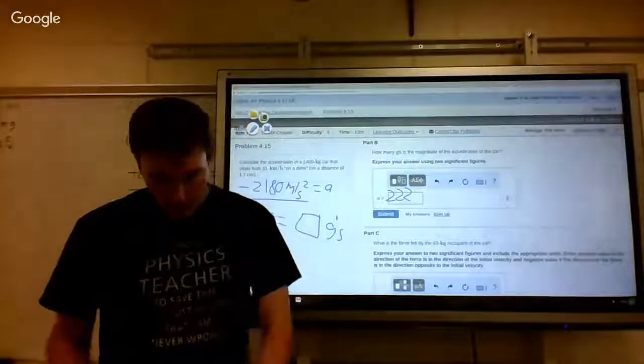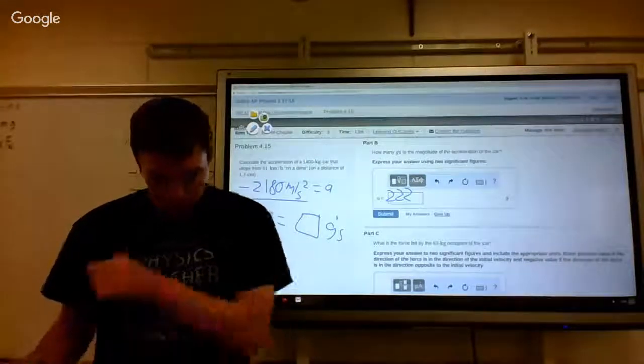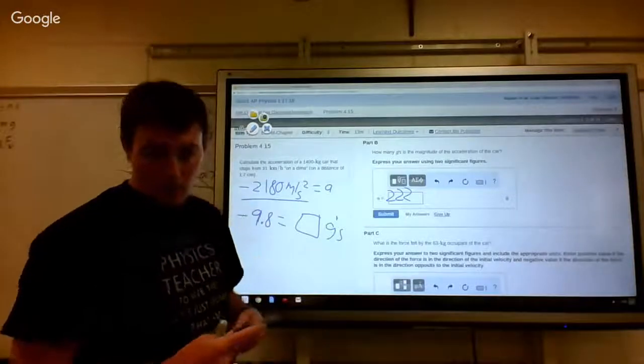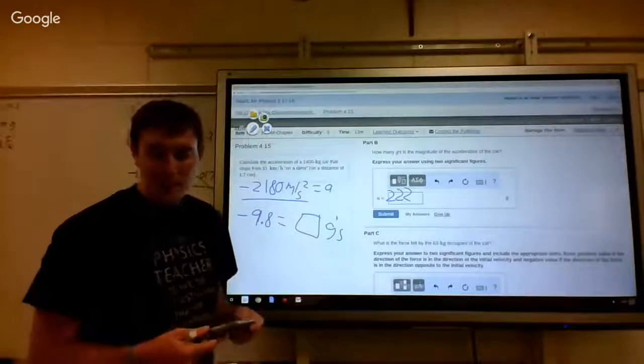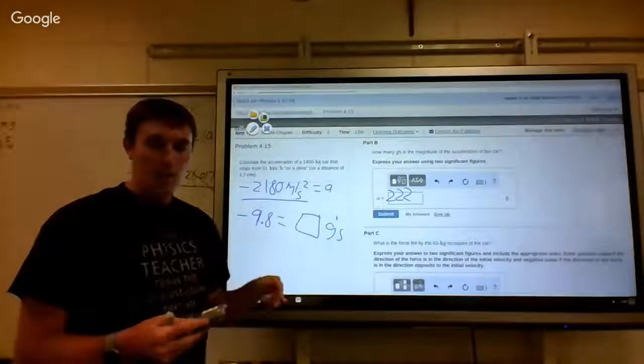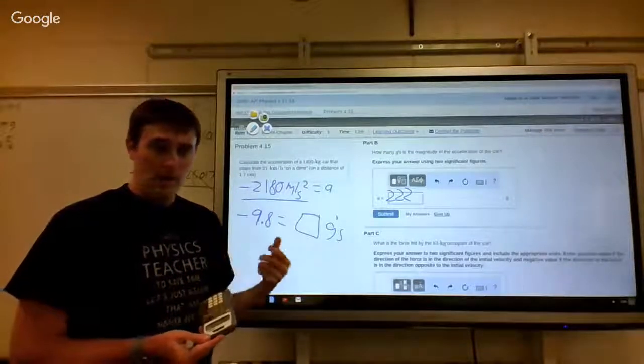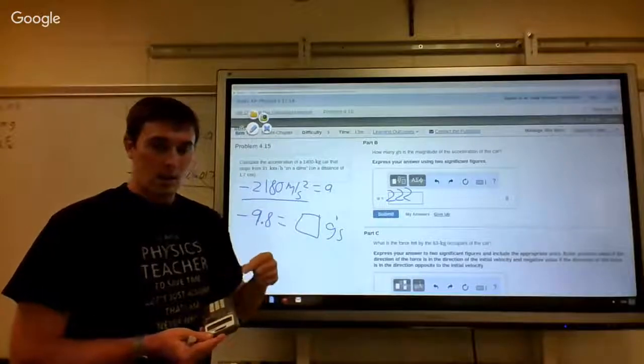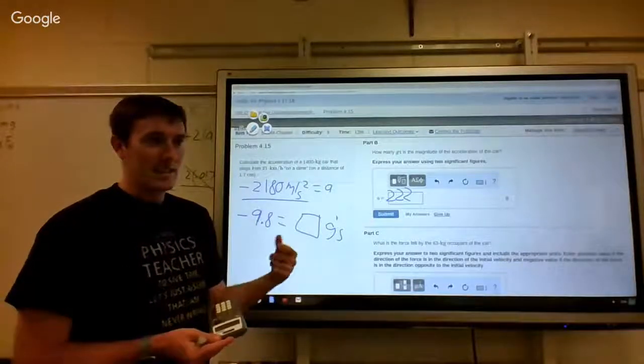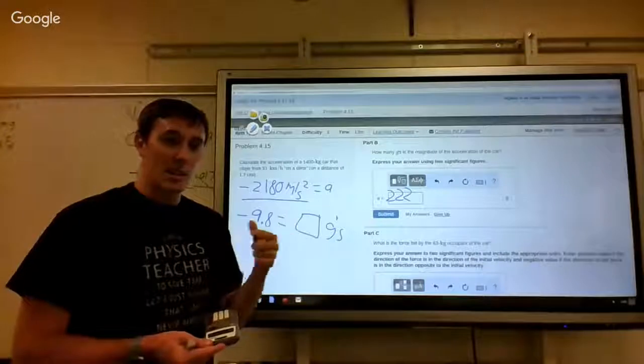But then there's part C. All right. Now I want to know, what is the force that the person in the car is going to feel? If they're in the car that's going that fast, they're going to be going the same speed as the car. So if they slow down the same as the car, they're also going to have the same acceleration as the car.